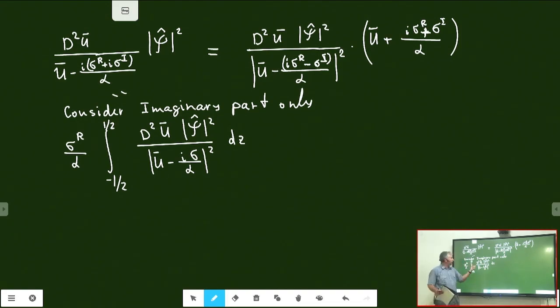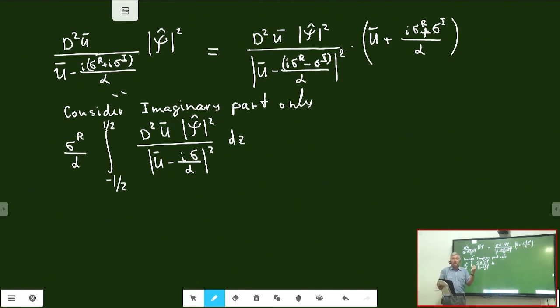If this is also positive, what will happen? The integral of a positive function is going to be positive. We need to make it 0. What if this can only be negative? This is still positive, this is only negative, so the whole thing is negative. The integral of a negative function is negative, non-zero.